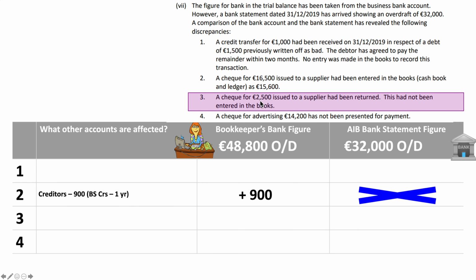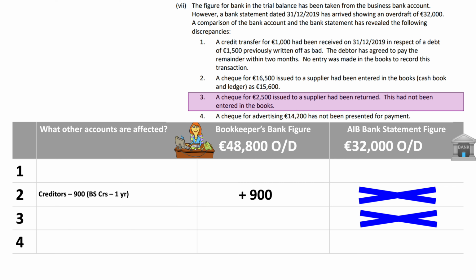Then note 3, a cheque for 2,500 issued to a supplier had been returned. This had not been entered in the books. That means that the cheque came back to the business, but it means that we now owe the creditor that amount again.